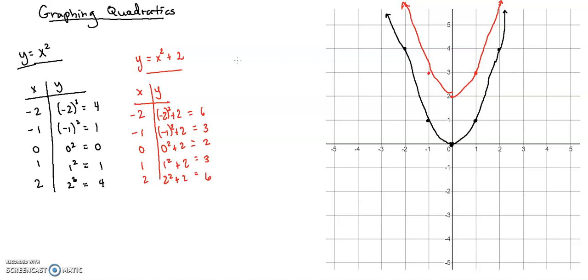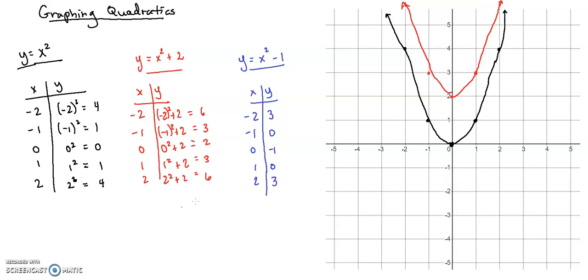So what do we think would happen if we take x squared and we do -1? X squared minus 1. So again, let's look at those points. I'm just going to do it in my head. So I get 4 minus 1 is 3, 1 minus 1 is 0, 0 minus 1 is -1, 1 minus 1 is 0, and 4 minus 1 is 3.